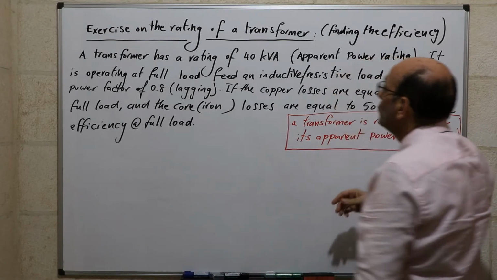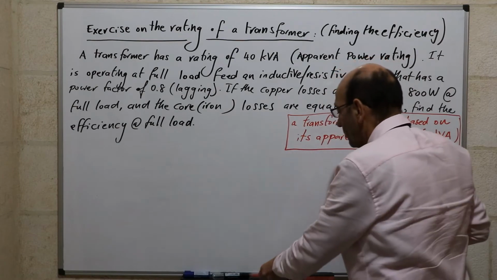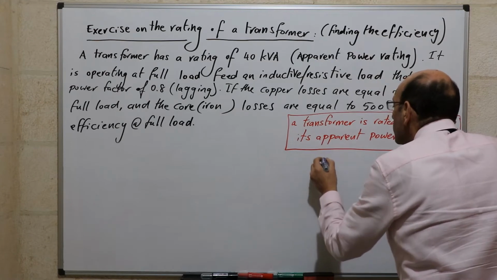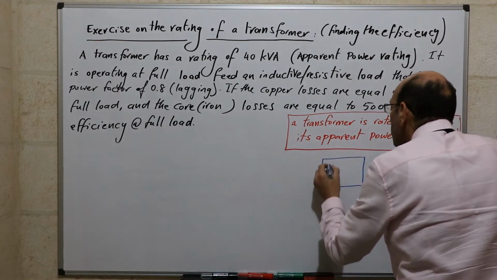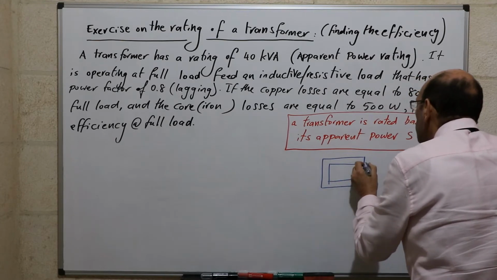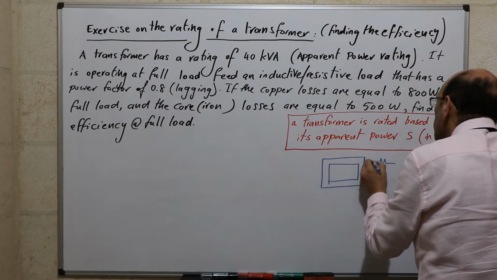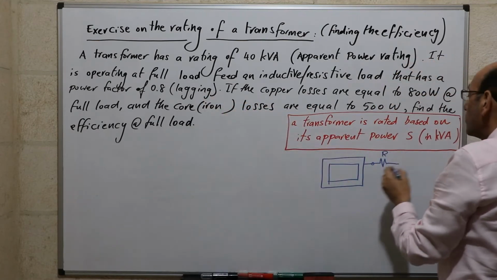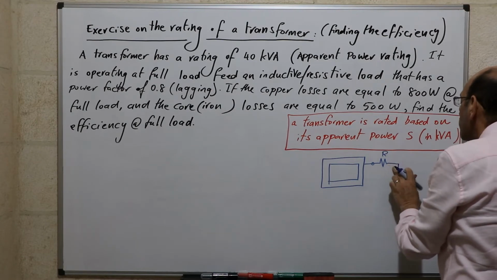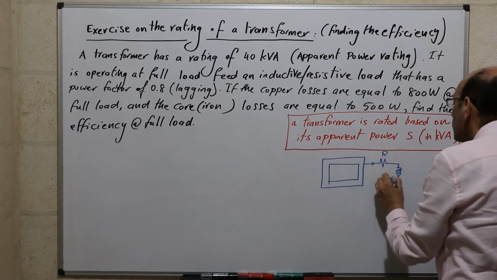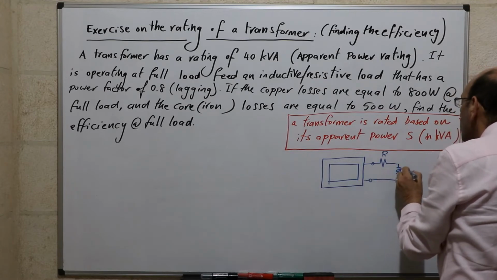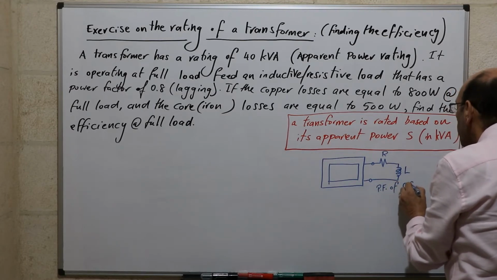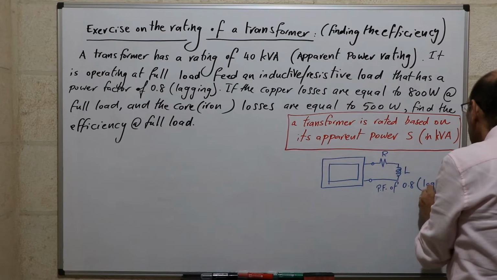And this transformer feeds a load, and it feeds a load at a power factor of 0.8. So in effect, the secondary of the transformer is connected to an inductive load. Because it's lagging, we conclude that the load is resistive, inductive, and so this load has a power factor of 0.8, and it's lagging because it's an inductive load.